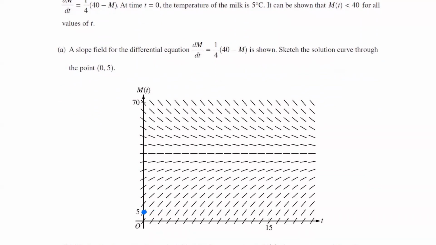We have to move along those lines, touching the solution curve. If we look specifically at these lines, they are small tangent lines to the solution curve. And this is the answer to part A.